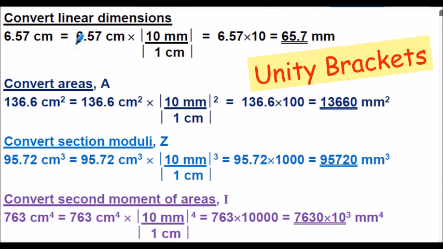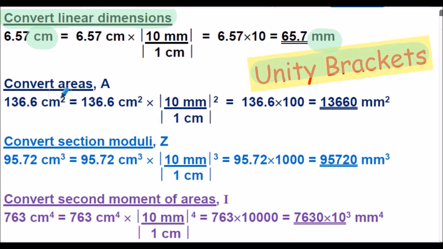So on this slide here, I've actually stated some unity brackets. We've used unity brackets in previous presentations to help structure conversions from one unit to another unit. And I've just shown you on this slide the linear conversion from centimeters to millimeters. It's a factor of 10 between the centimeter value and the millimeter value.